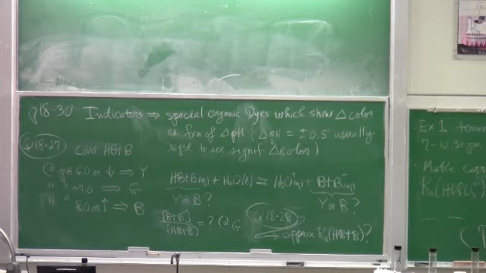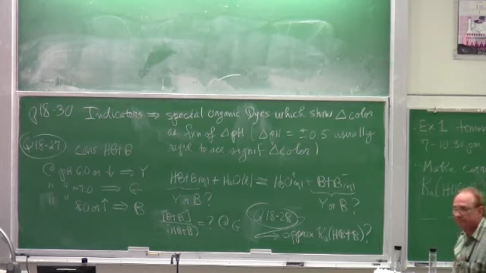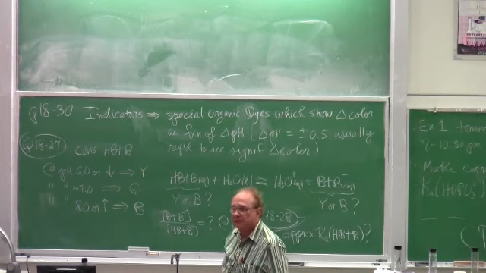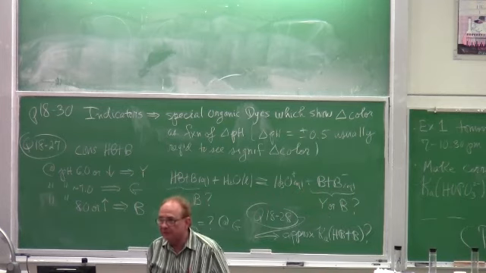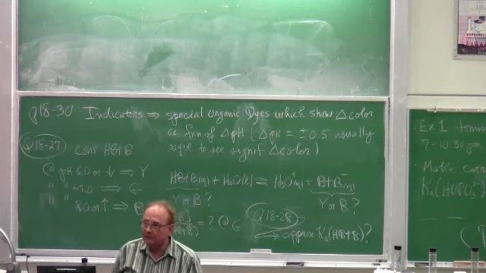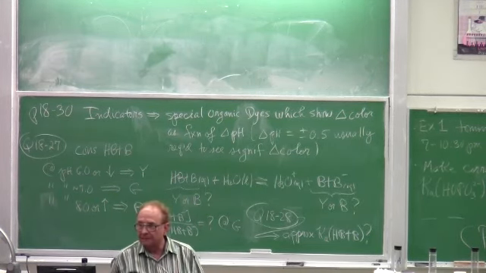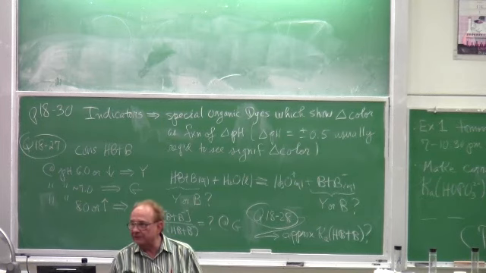The log of 1 is 0.0000 by definition. What's the log of 2? 0.3010. What's the log of 3? 0.4771. And if I take that to 1 sig fig, I get 0.5, don't I?